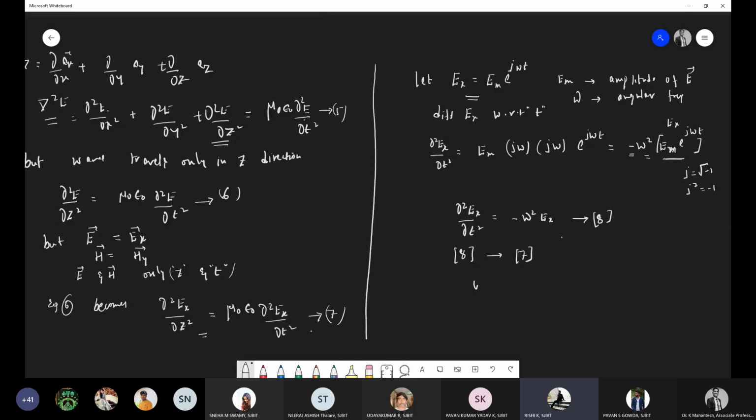I will get dou square Ex by dou Z square is equal to mu naught epsilon naught of minus omega square Ex, which is equal to minus omega square mu naught epsilon naught Ex, and call this equation 9.